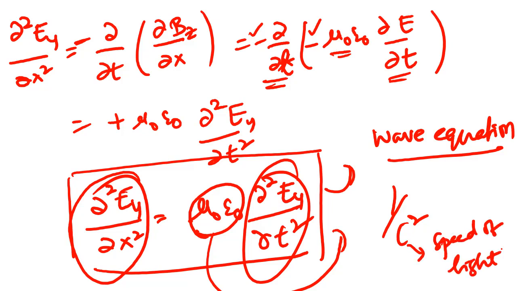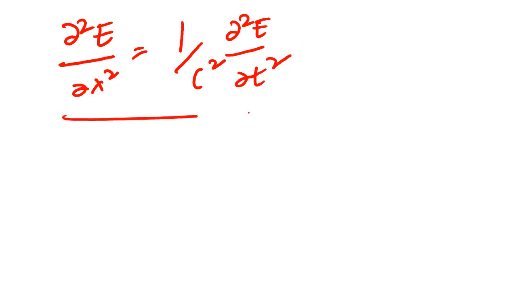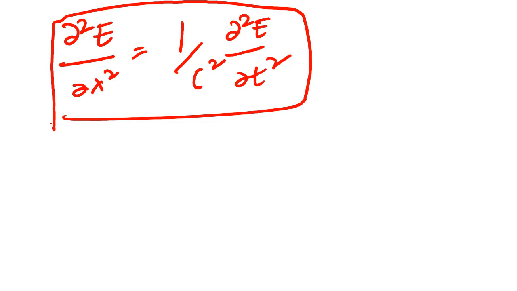So if I plug that in, then I can rewrite this equation as ∂²E/∂x² is equal to 1 over c squared ∂²E/∂t², right? And this is basically the wave equation for light.